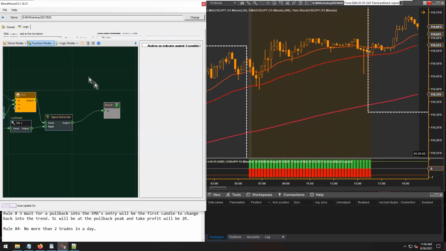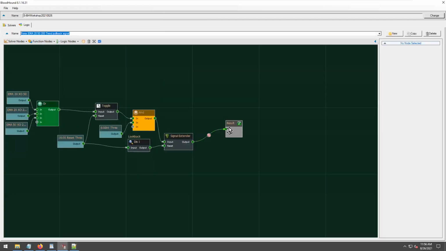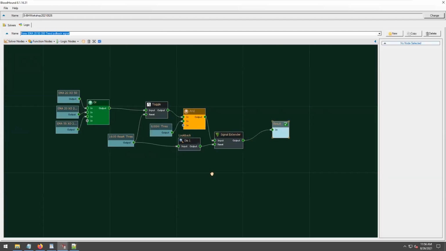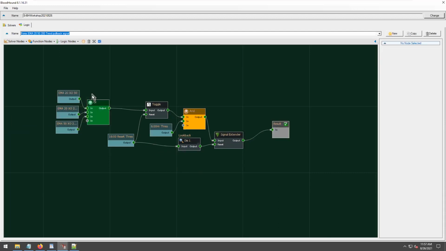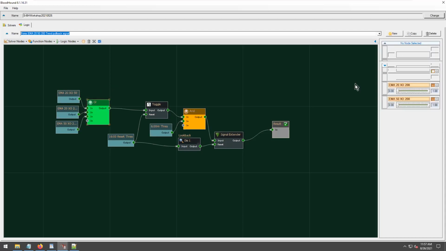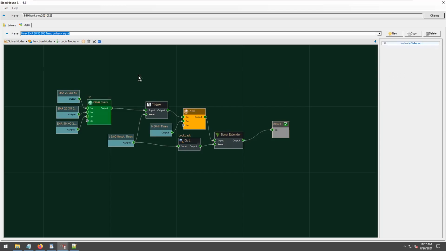So let's take a look at BloodHound's logic that we have so far. This is our crossovers here. Those are our various crossovers, and we can name this OR node here. There we go. So that's our crossovers.